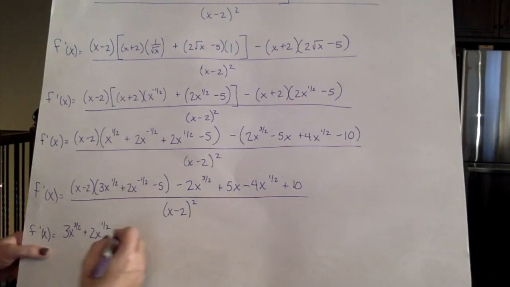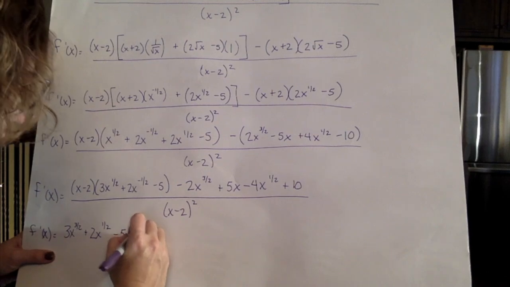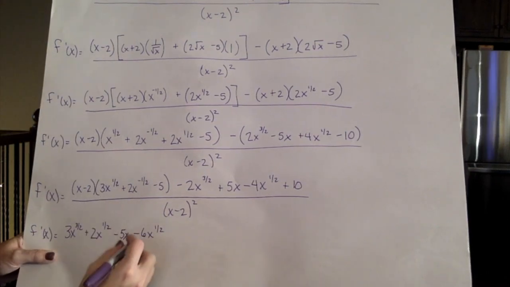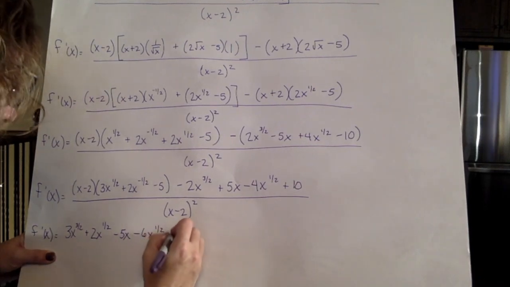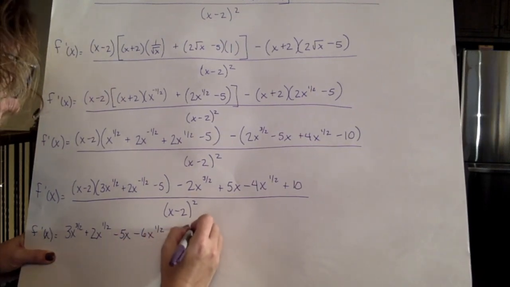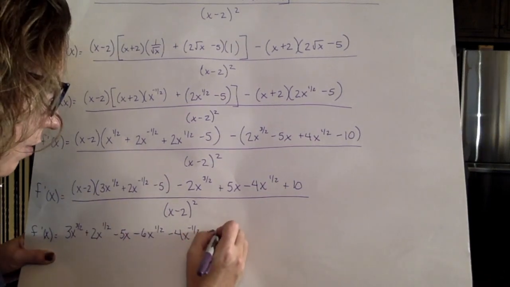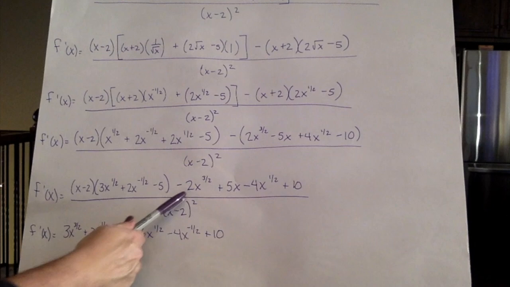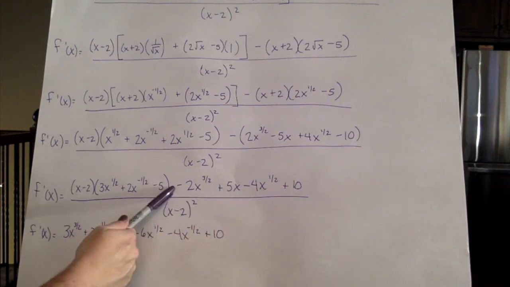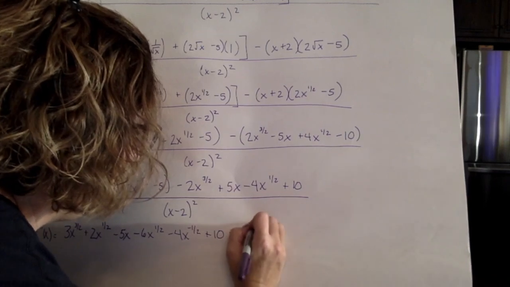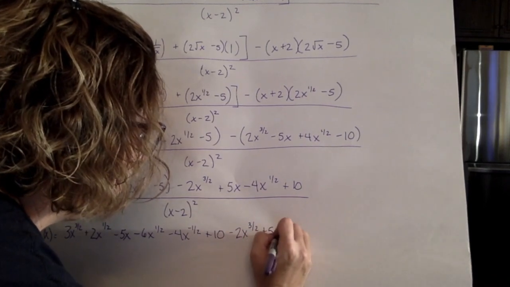So we'll have negative 2 times 3x to the 1 half, which is negative 6x to the 1 half. Negative 2 times 2x to the negative 1 half is negative 4x to the negative 1 half. And negative 2 times negative 5 is positive 10. Then we still have these 4 terms. None of them are like terms yet, so we will rewrite those.